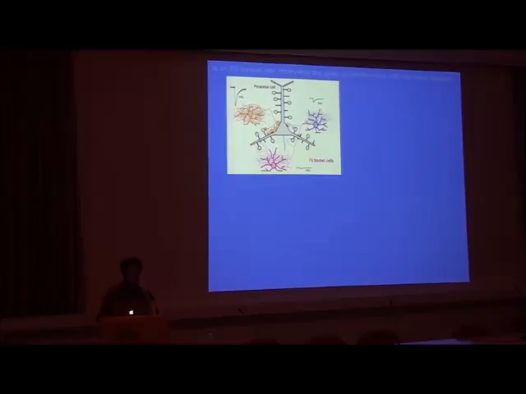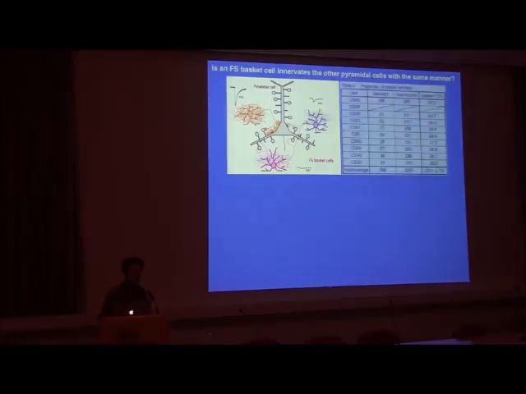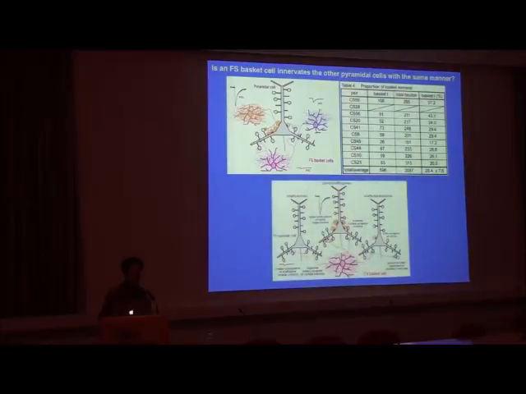But I wonder, maybe if this fast spiking basket cell innervates one way, the other one is the same for them. And then I actually tried to count the percentage of the basket terminals, and I found all the 9 pairs also show a high percentage of the basket terminals.